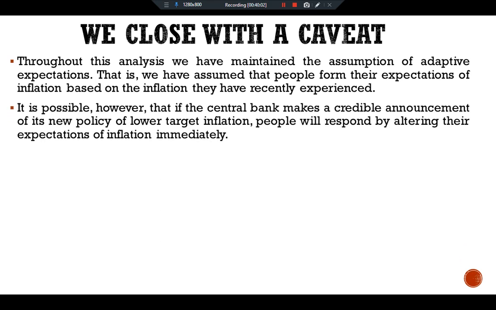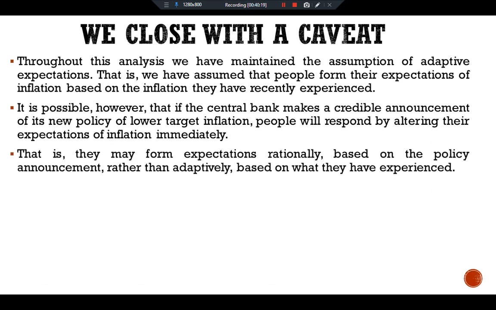It is possible, however, that if the central bank makes a credible announcement of its new policy of low target inflation, people will respond by altering their expectations of inflation immediately.